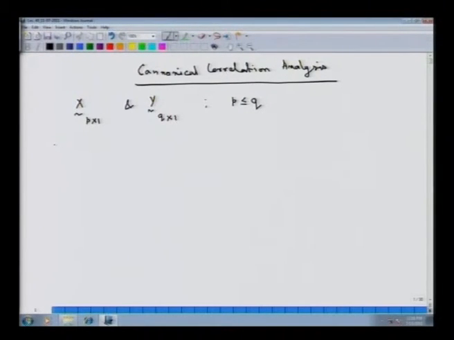Now, these random variables are such that the expectation of the x vector is equal to mu x vector, and the expectation of the y vector is equal to a vector which is mu y. Now, the variance covariance matrix of x is denoted by sigma 1 1.